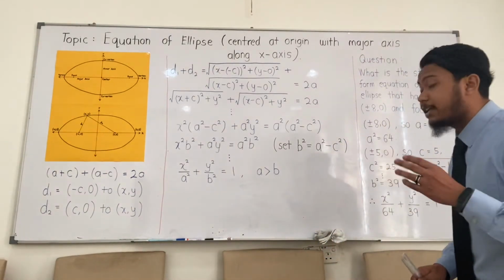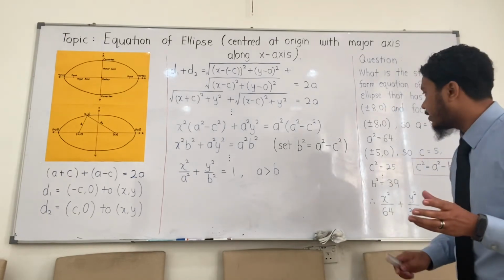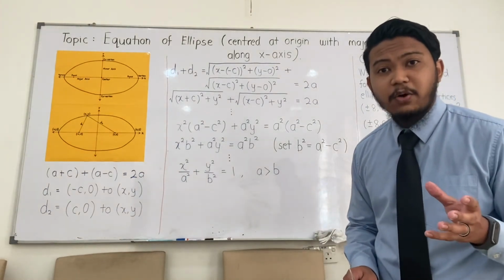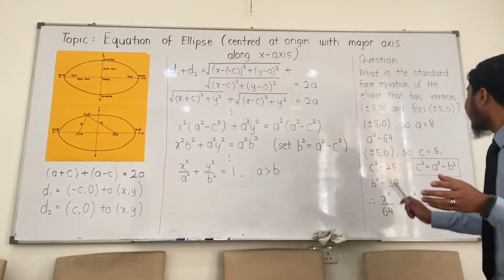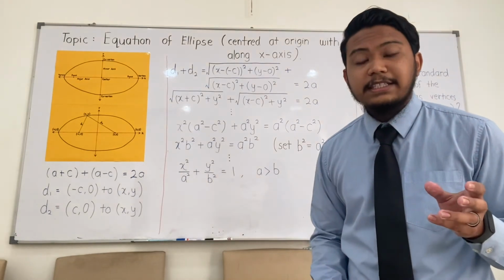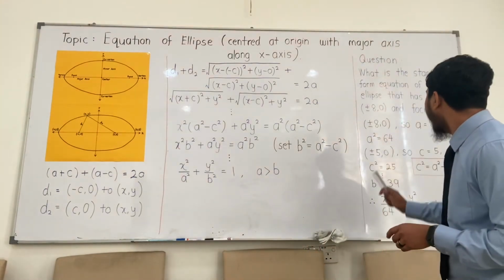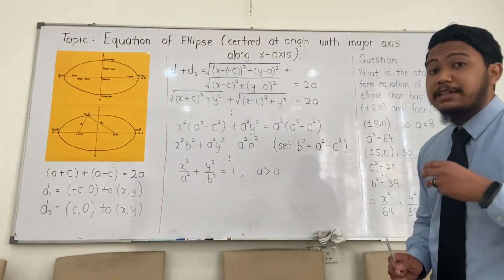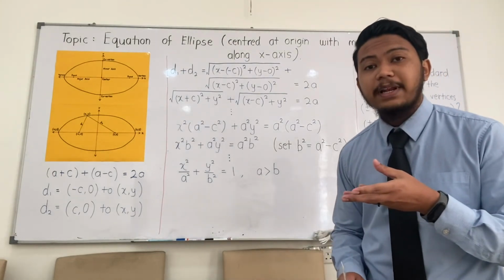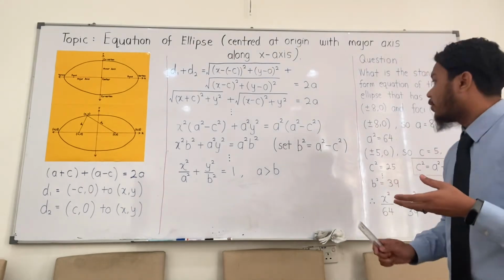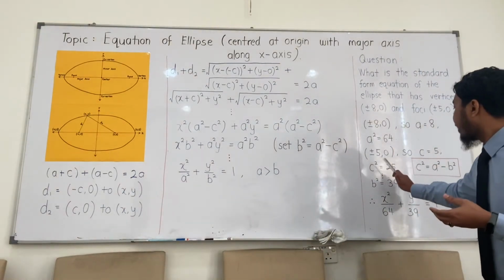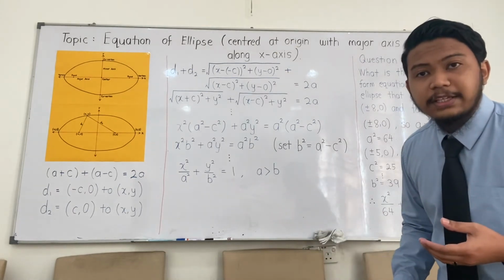As I mentioned before, the coordinates for vertices is plus minus a, 0. So we can say that a equal to 8 and a squared equal to 64. Second one, as I mentioned before, the coordinates for foci is plus minus c, 0. So here we can say that c equal to 5, c squared equal to 25.